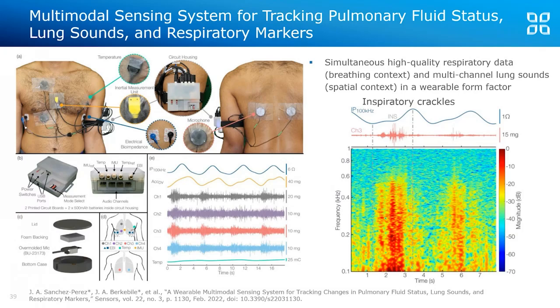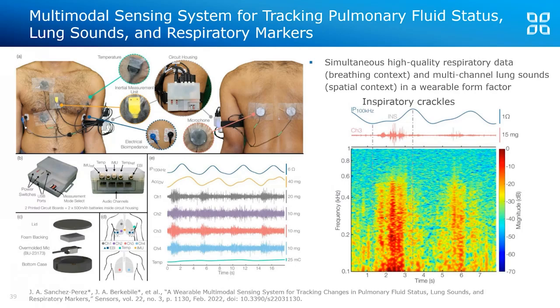So you can see that this system that I mentioned, the multimodal system for tracking pulmonary fluid status, lung sounds, as well as tidal volume changes in hospitalized patients, has a lot going on. There are many sensors still. This is obviously still early stage research. But here we're trying to understand what the most interesting and important information is so that we can then miniaturize the system later to only the sensors that are really providing the greatest value.